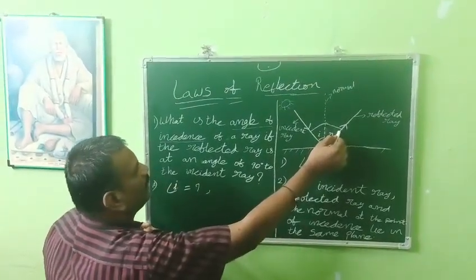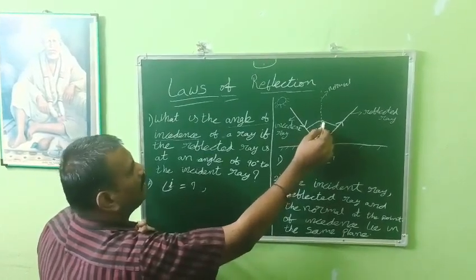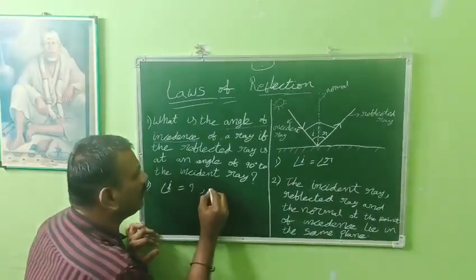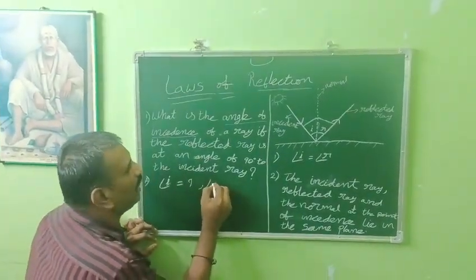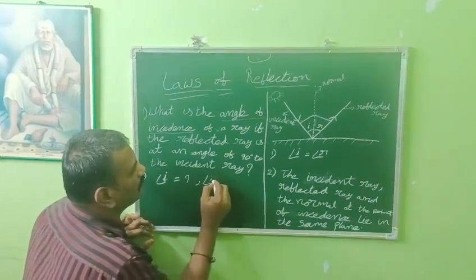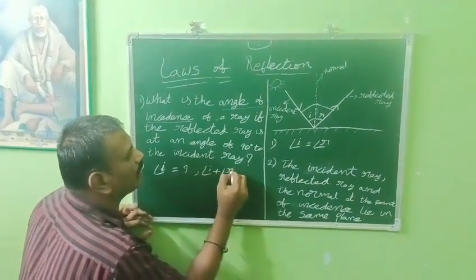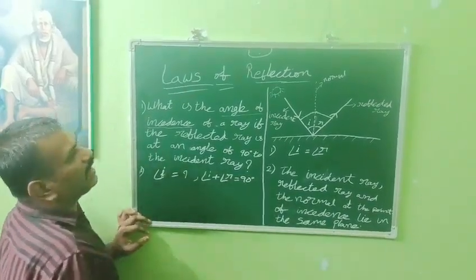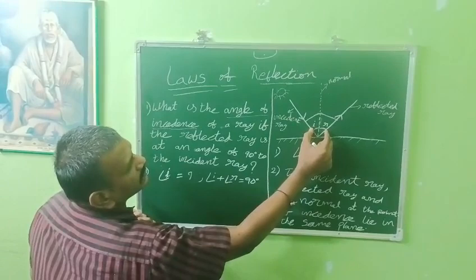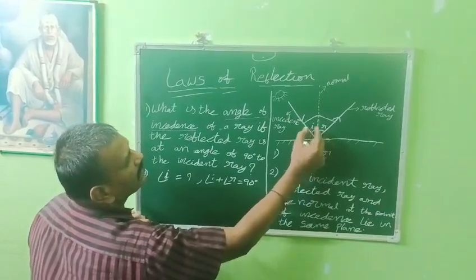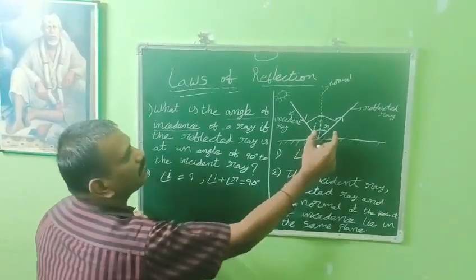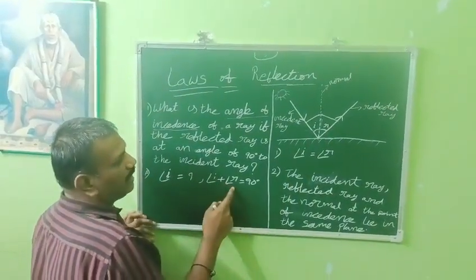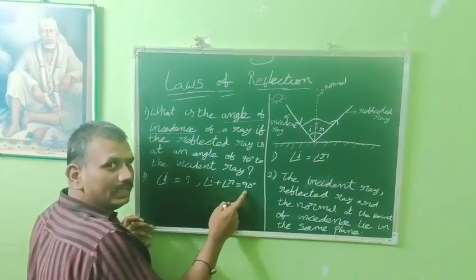That means he has given that angle of I plus angle of R equals 90 degrees. Means the angle between these two lines, he has given as 90 degrees. These two lines mean what? Angle I and angle R. So angle I plus angle R equals 90 degrees.